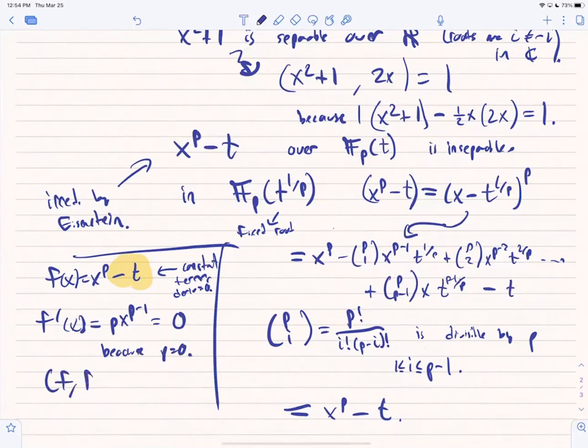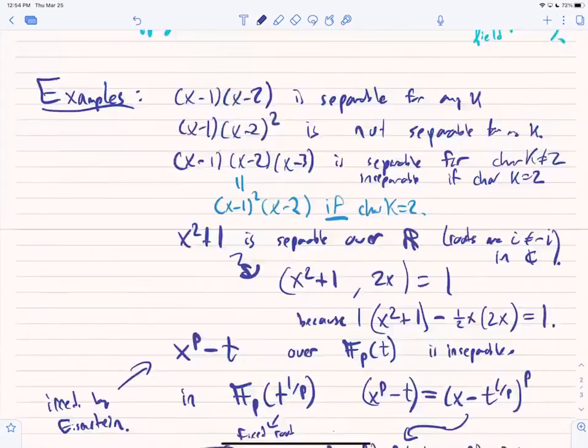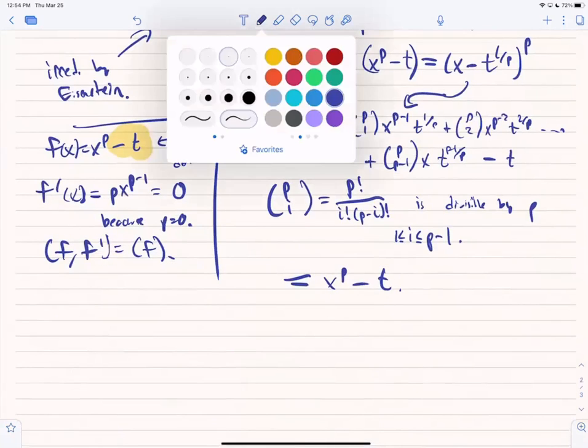So the ideal generated by f and f prime is actually just the ideal generated by f in this case. Okay, good. So that's an example, and this example is really the only thing that can happen.